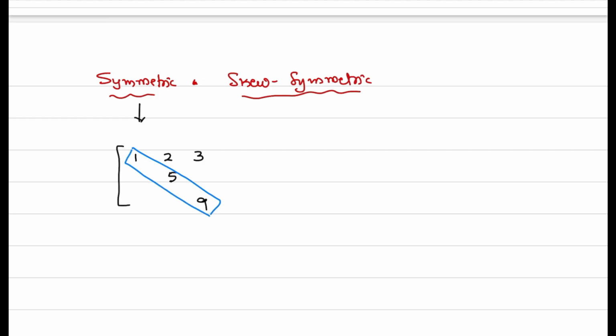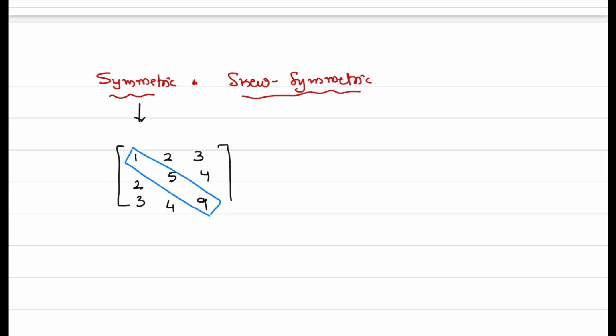If we have same elements on both sides of the diagonal, because it is 1, 2, 3, here it should be 1, 2, 3, and if it is 4, then it should be 4.